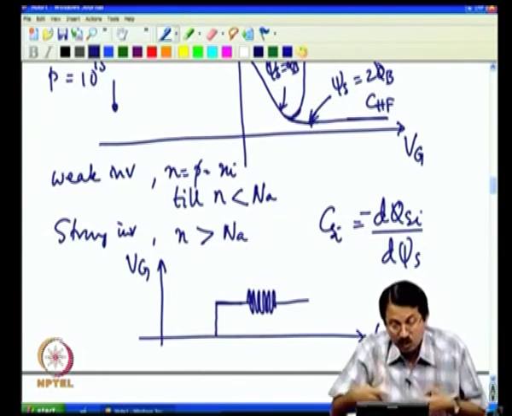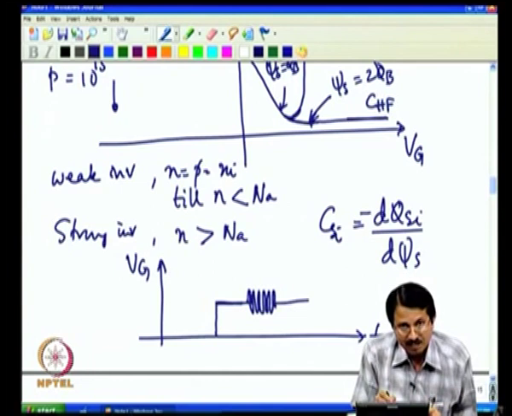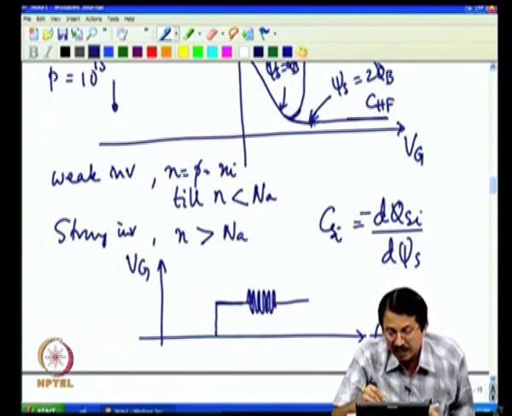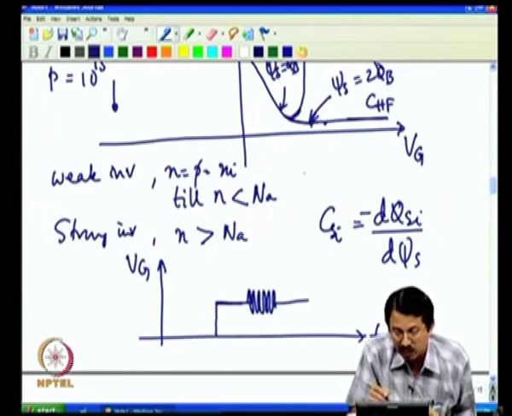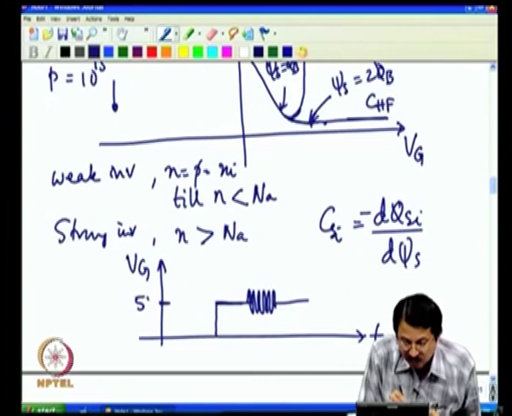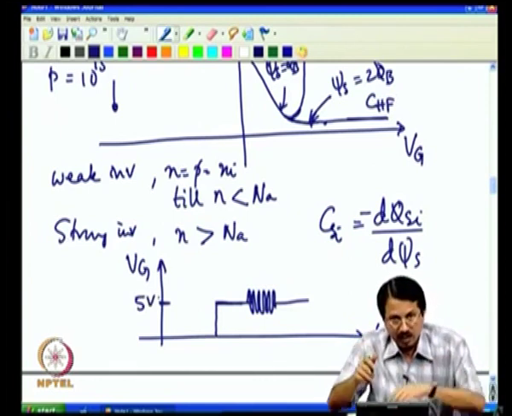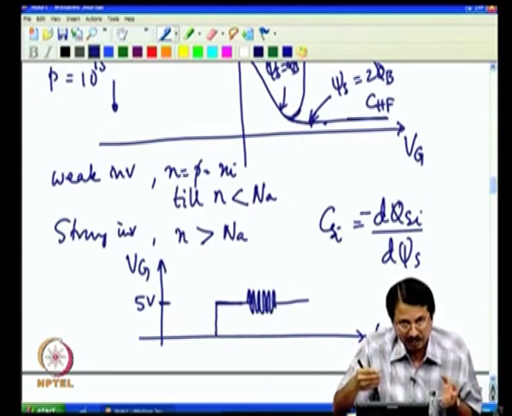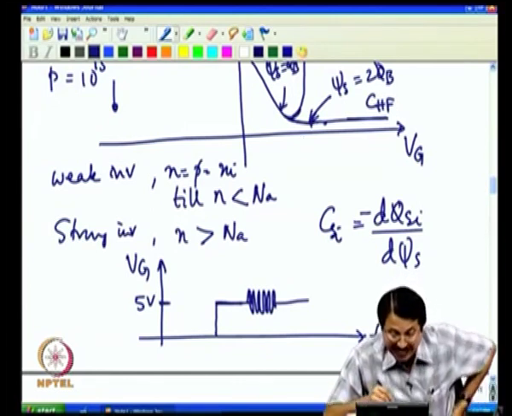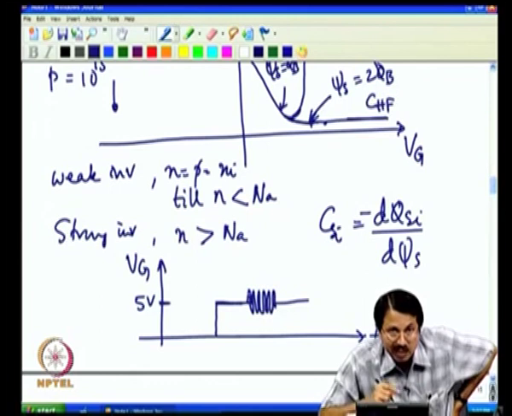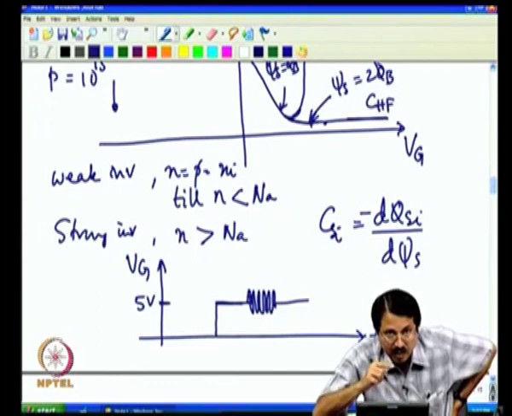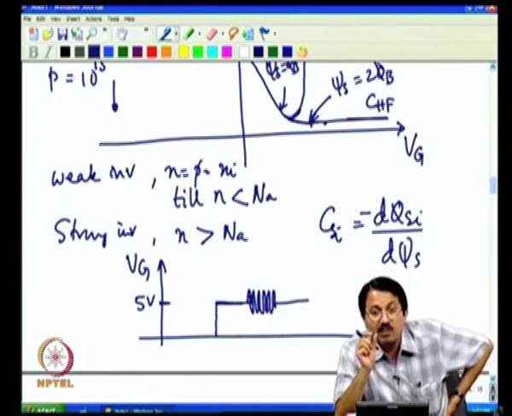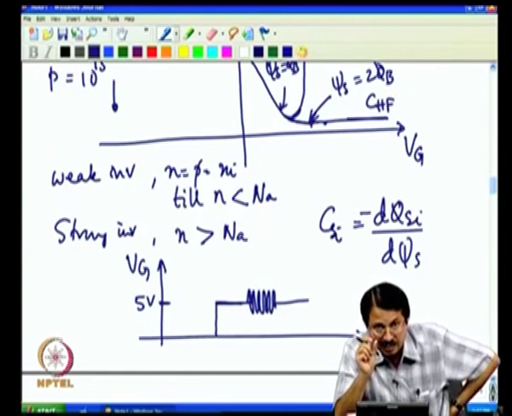Okay. Unless you generate these carriers, what have I done? I have applied a DC voltage. Remember this, let us say this voltage here corresponds to 5 volt. I am at 5 volt, I have generated a steady state electron concentration which is required for inversion, but now instantaneously I am changing the gate voltage a little bit higher, but that could be of the order of microsecond or millisecond.